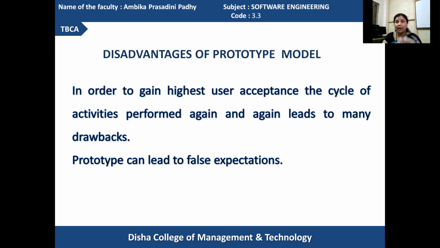It is highly beneficial for solving smaller problems with smaller sets of risks, and we can develop interactive systems. We can easily gain user acceptance. There is less chance of user dissatisfaction.